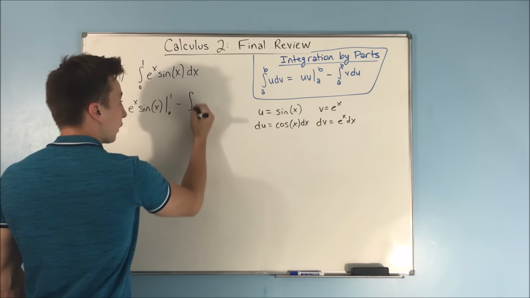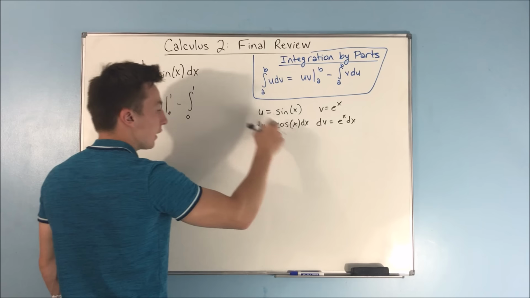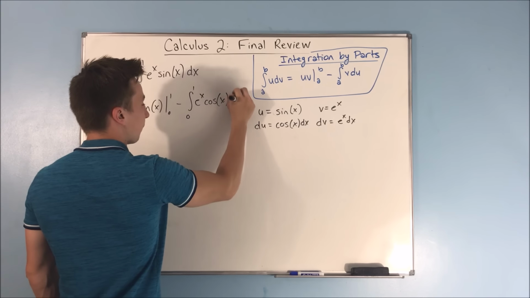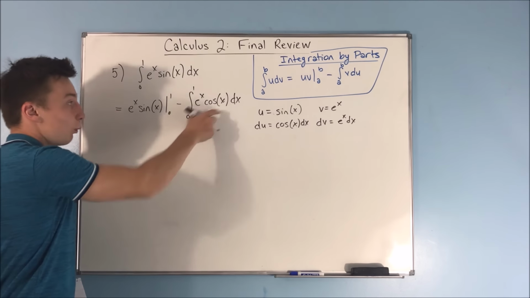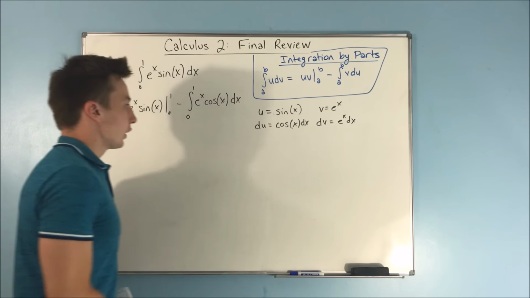Now this is minus the integral from 0 to 1 of v du, and v du is e to the x cosine x, and we'll have a dx there. And you see that we're left with pretty much the same exact thing. We have to do integration by parts again. So let's get on with it.